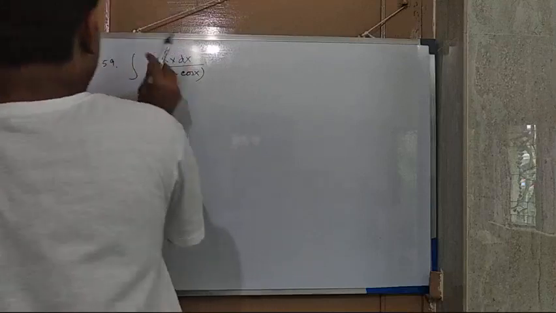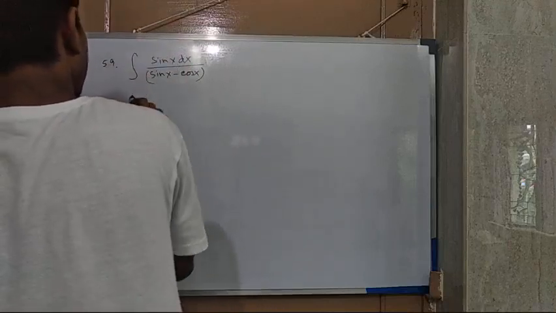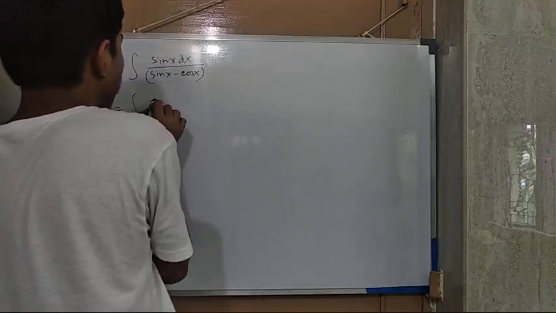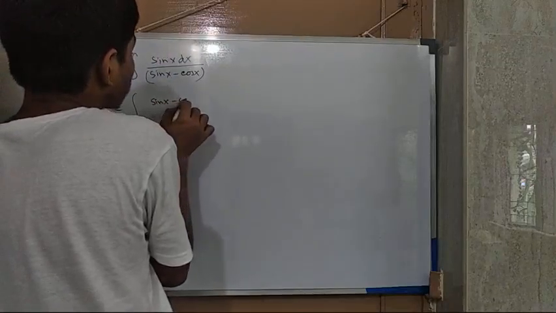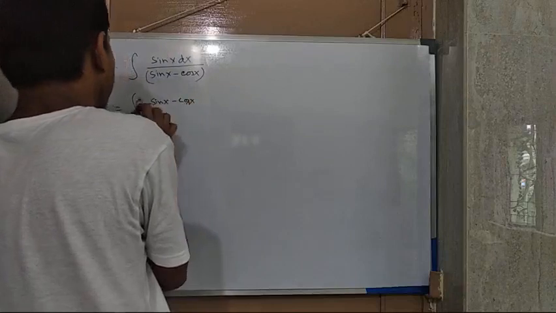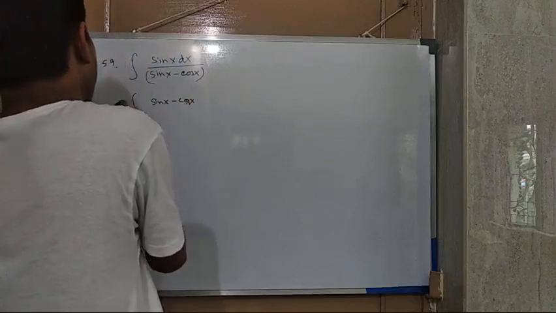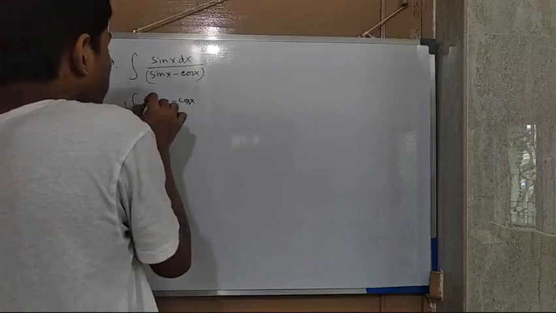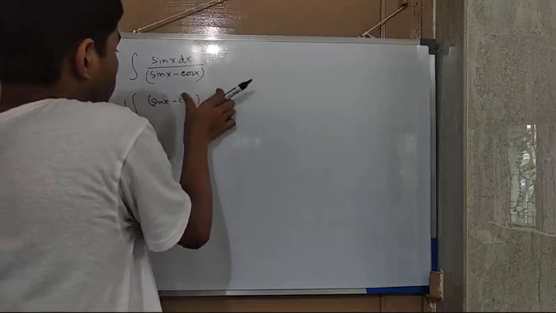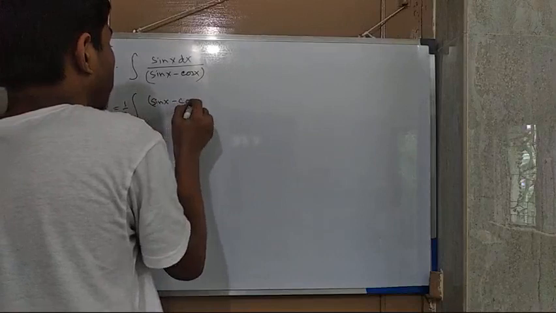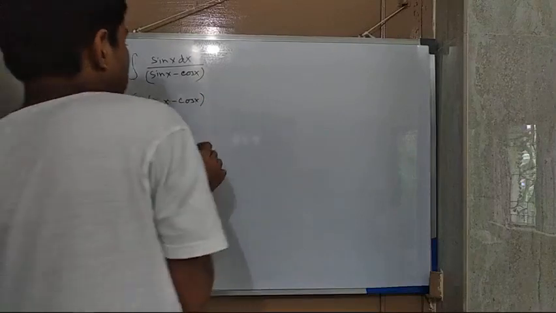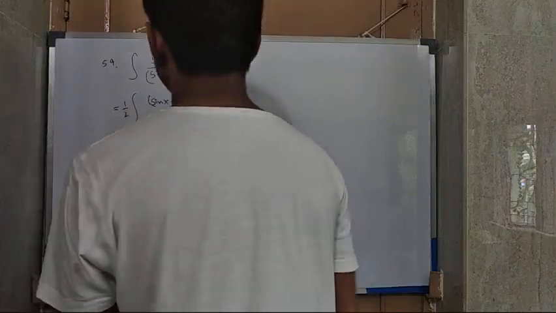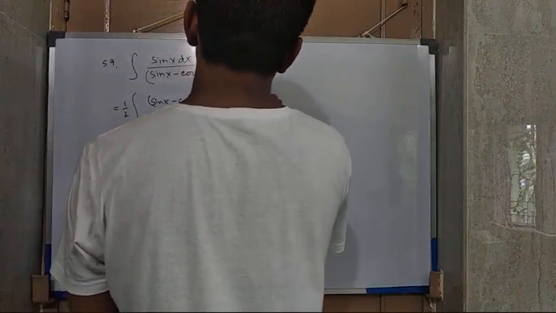So for this integral we have a technique: write sin x minus cos x, take half first, leave some gap, and then write the differentiation of this, which is cos x plus sin x.